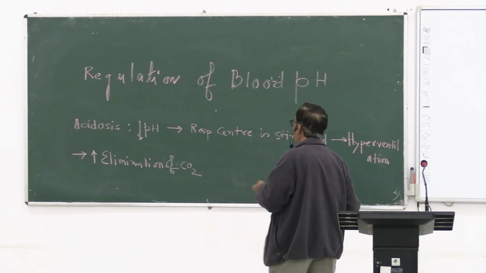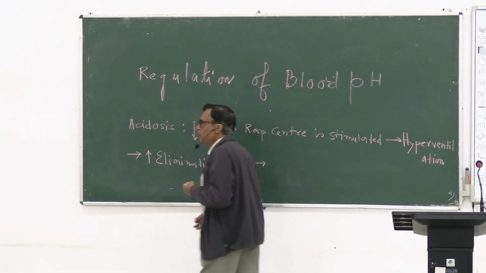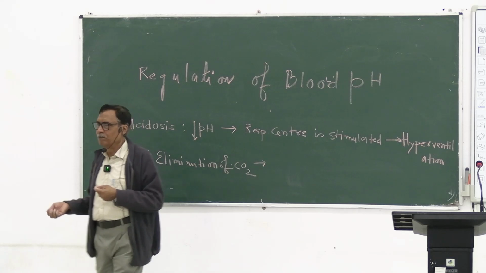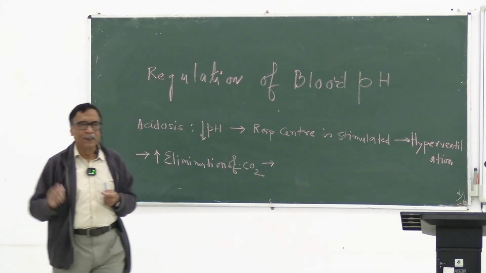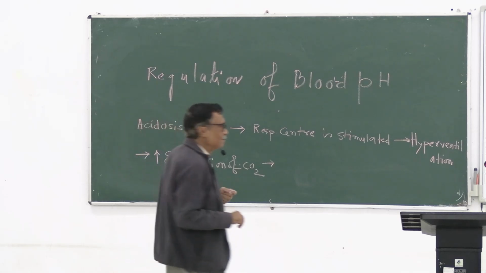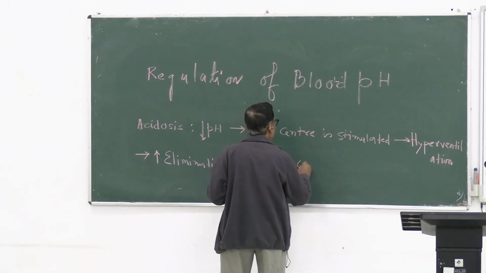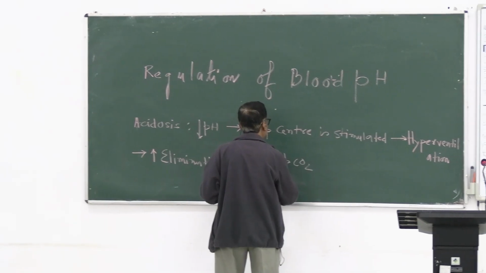Then what will happen? Carbon dioxide concentration will decrease. If carbon dioxide is washed off, concentration of the carbon dioxide will be decreased, that is PCO2 will be decreased.